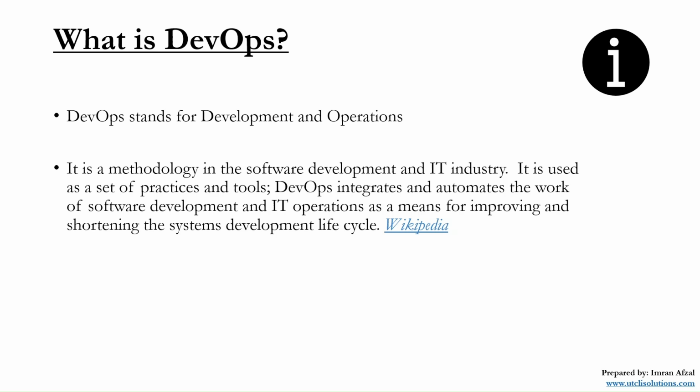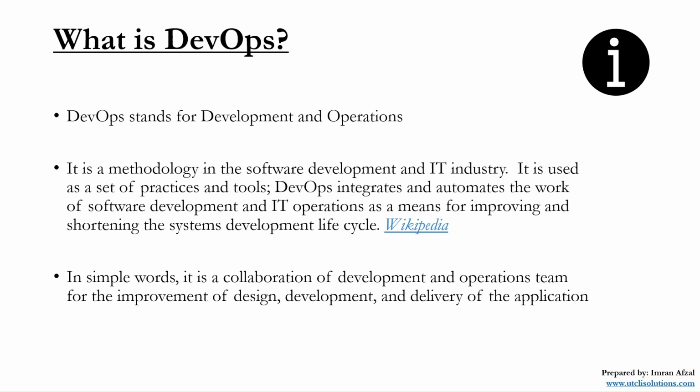Now, if you find this definition a bit confusing or hard to understand, then let's make it simpler. DevOps is a collaboration of the development and operations teams. That's the very first thing you need to understand: development and operations teams come together as one team.